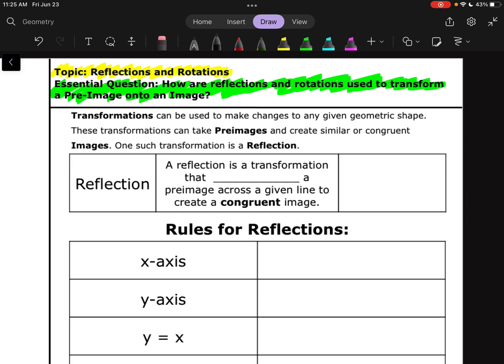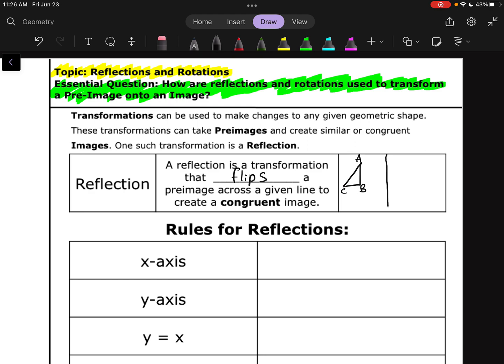One such transformation is a reflection. A reflection is going to be a transformation that flips a pre-image across a given line to create a congruent image. So let's say that we've got a triangle looking like this. Triangle ABC.